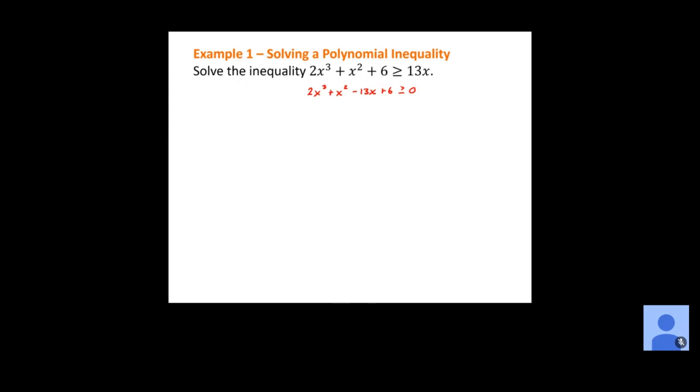All right, now, once I've got everything to one side, what do you think our next step might be here? We need to factor. Good. So if we look at this one now, what are we going to have to do to factor it?